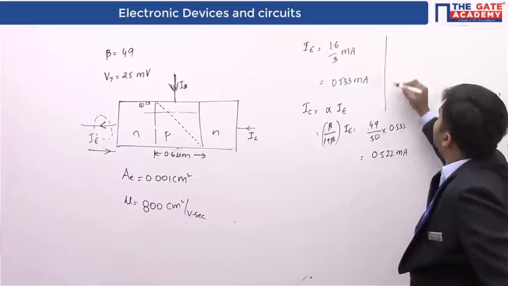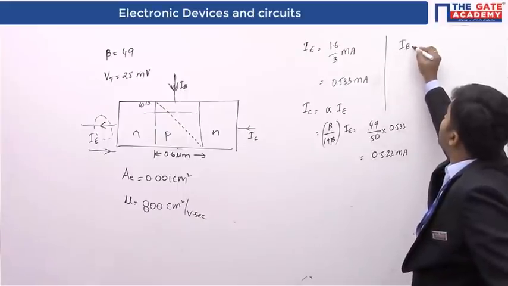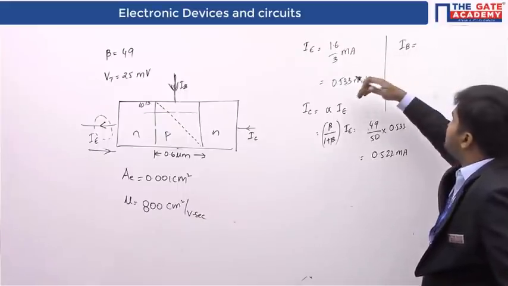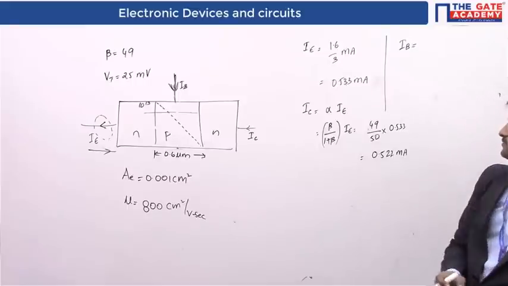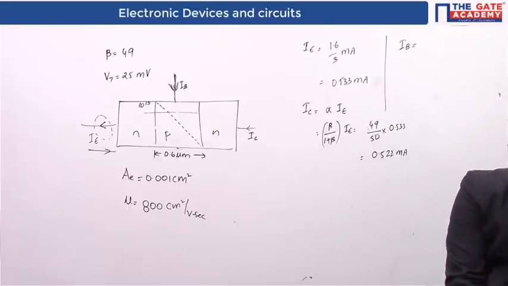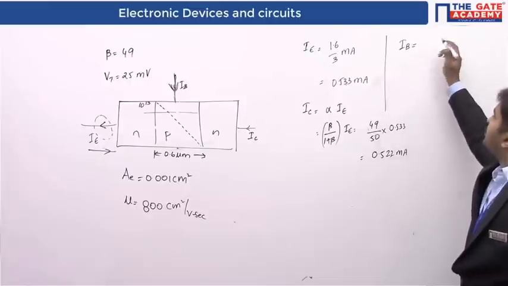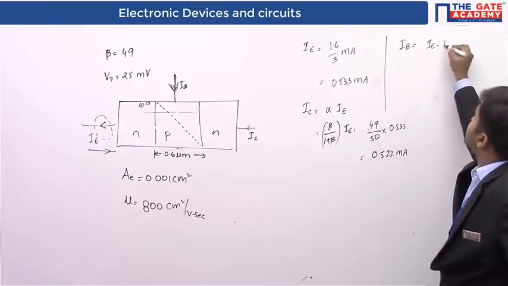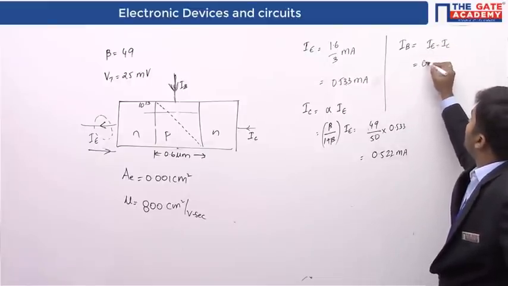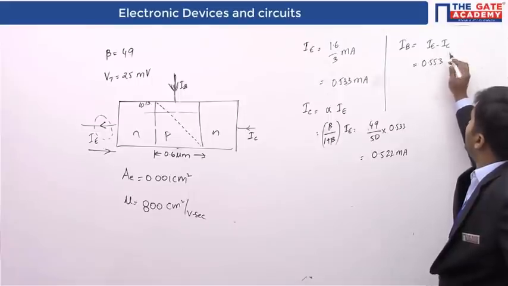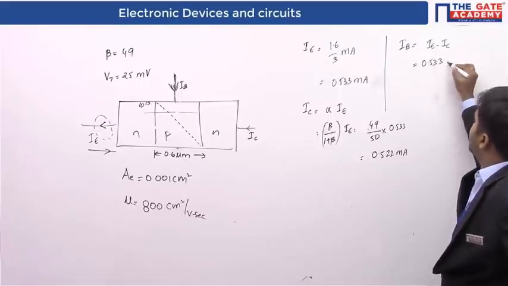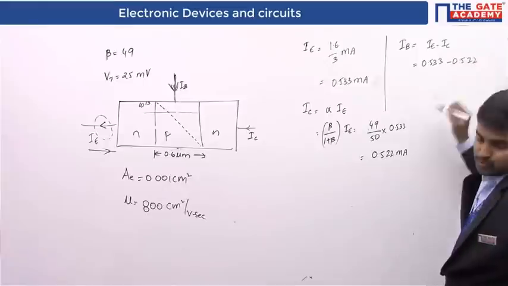Now we will calculate IB. IB is going to be equal to IE minus IC. So IE is 0.533 minus 0.522.